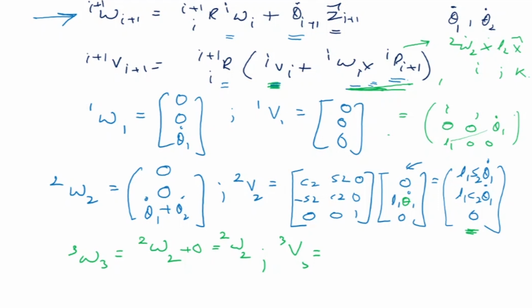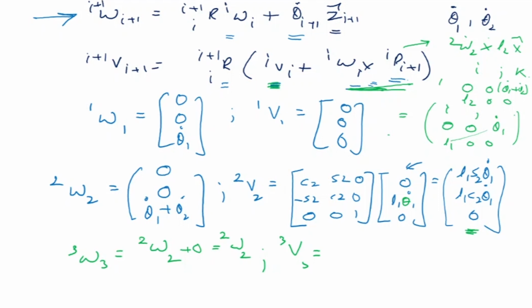What is omega 2? Omega 2 is theta 1 dot plus theta 2 dot, so it's 0 0 theta 1 dot plus theta 2 dot. And what is it, it is L2 into 0 0. So what will we get there?